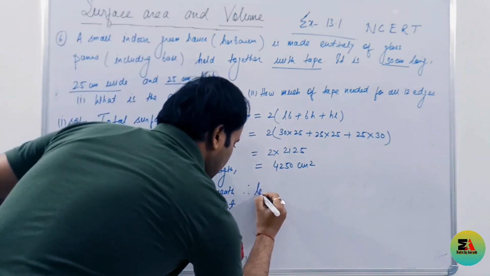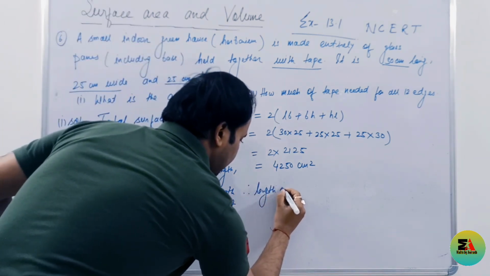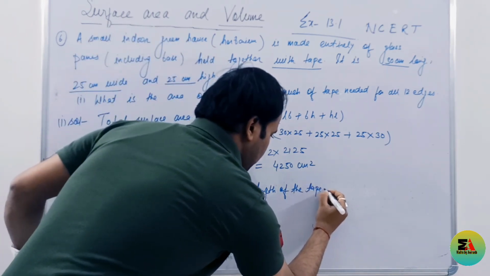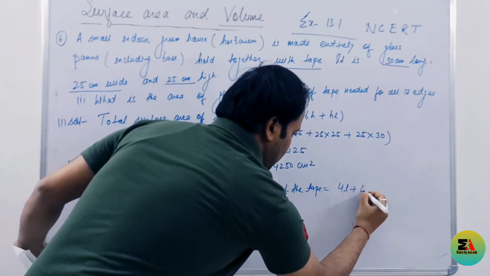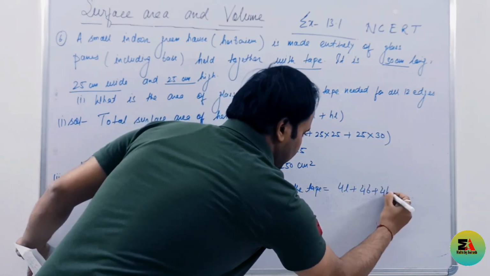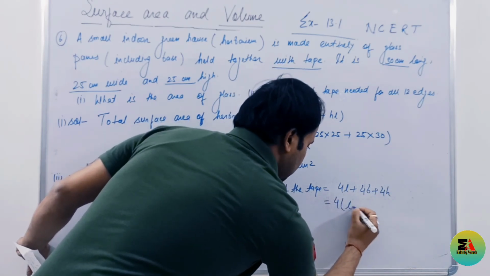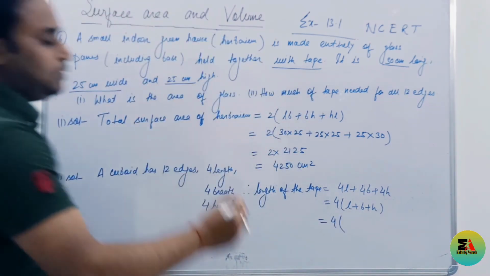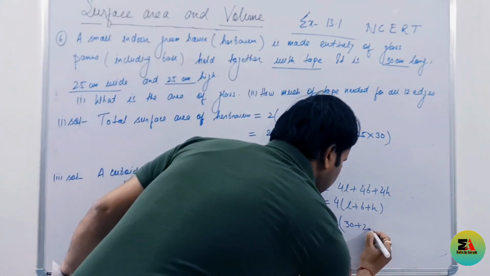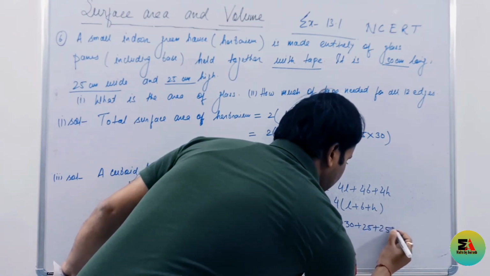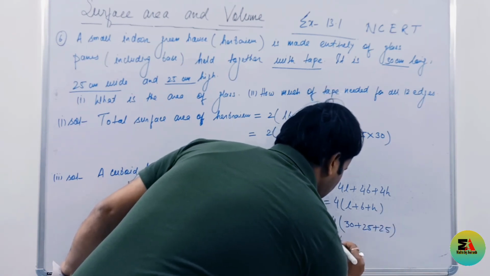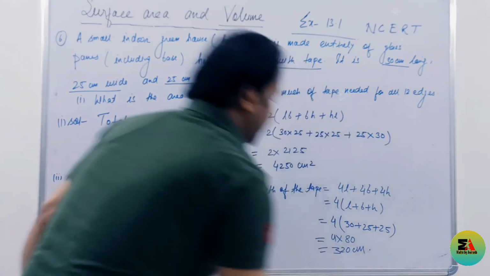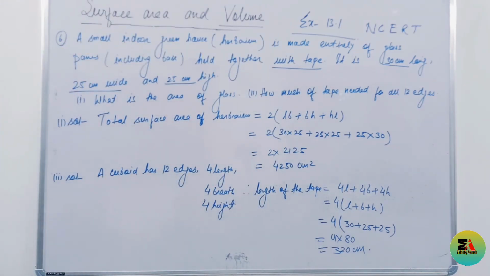Therefore, the length of the tape will be 4 into L plus 4 into B plus 4 into H. Take 4 as common: 4 into L plus B plus H. Substitute all the values: length 30 centimeter, breadth 25 centimeter, and height 25 centimeter. This becomes 80. Therefore, the total length will be 320 centimeter, the length of the tape.